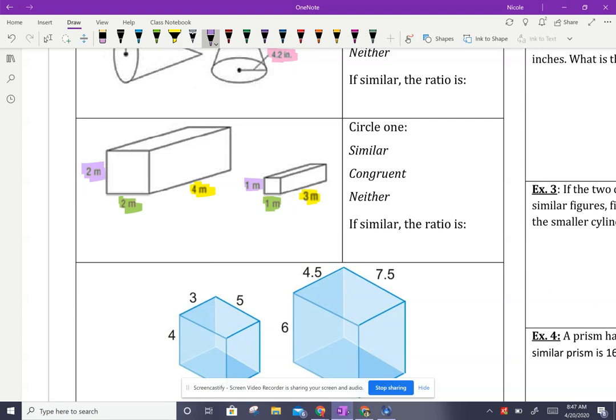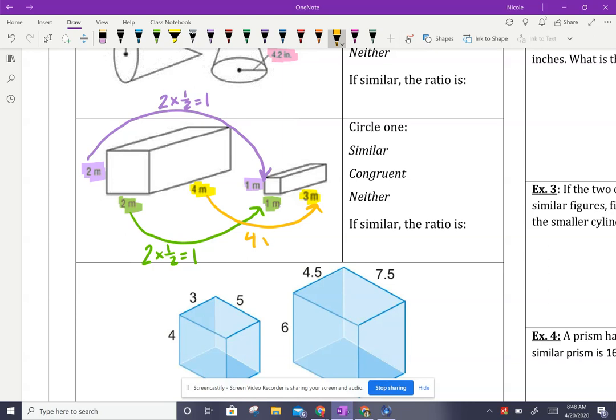So I'm going to start with our 2 meters to 1 meter. 2 times 1/2 is going to give me that 1 meter. The same is going to go for the 2 meters to 1 meter on the bottom. 2 times 1/2 is going to give me 1. And then I need to look at the 4 to 3.